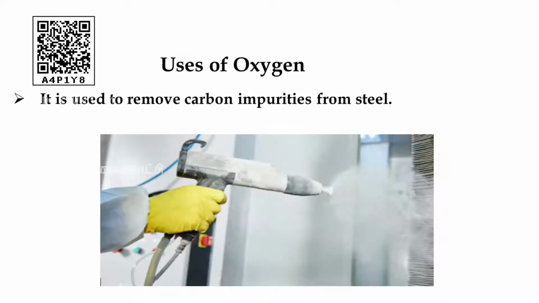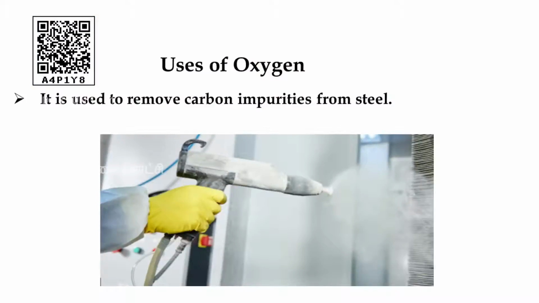Next, it is used to remove carbon dusty particles from the surface of metal bodies. Metal bodies like tower buildings or constructions in our general areas, TV towers, mobile towers or anything else are made of iron material only, because it is so strong. It simply gets deposited with oxide particles like carbon monoxide and carbon dioxide.